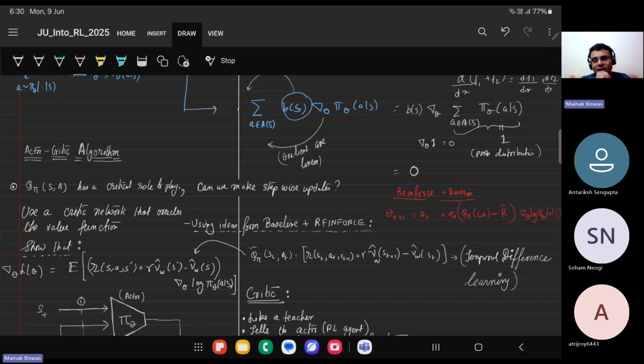Why will I do this? Because if I want these to be not too high or too low, I can remove an offset. Clear? I can do that.